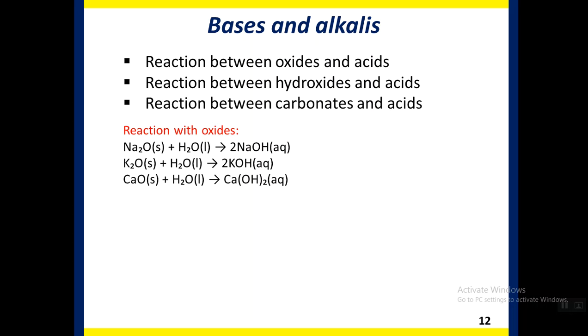Next one, reaction between hydroxides and acids. We can consider the reaction between sodium hydroxide and hydrochloric acid. By reacting those two, sodium chloride and water are produced, right? In this reaction, we cannot see a clear change showing that the products have been produced because sodium chloride is a colorless solution.